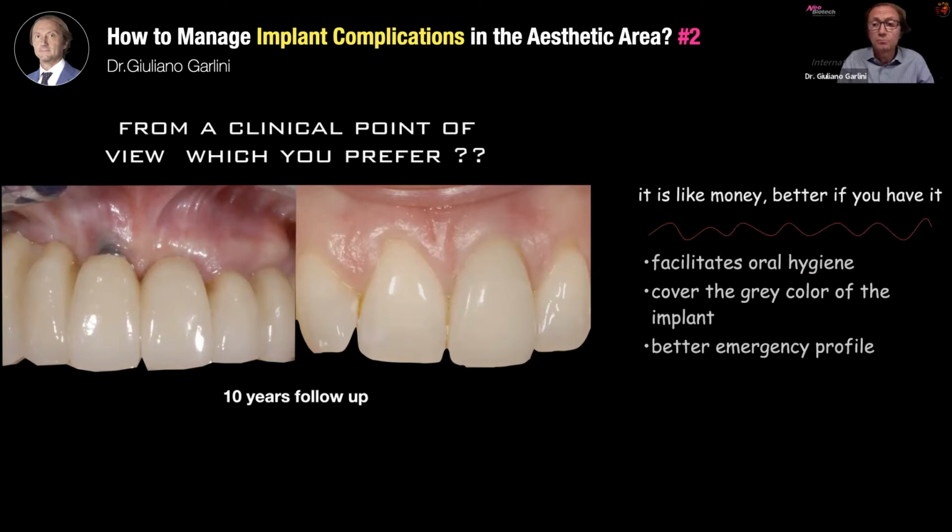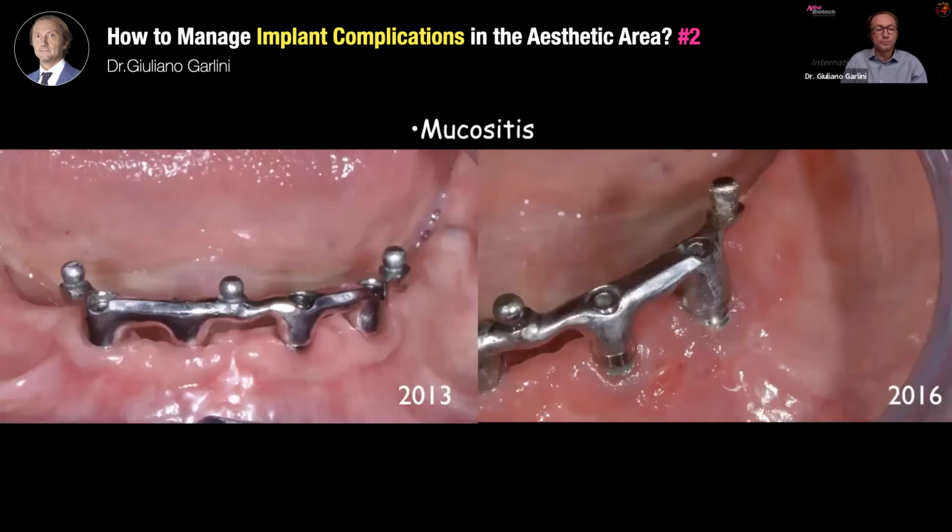It will maybe cover the gray color of the implant, but last but not least, you will have a better emergence profile. So we all want to have keratinized mucosa around our implant.